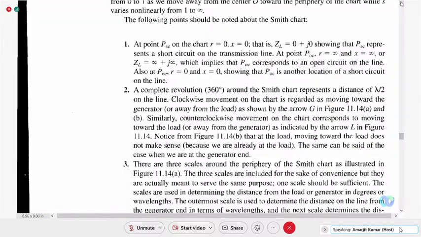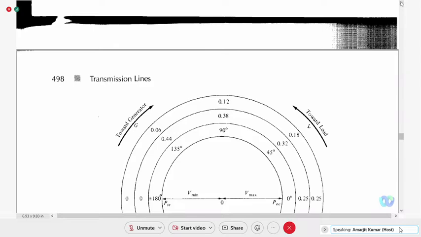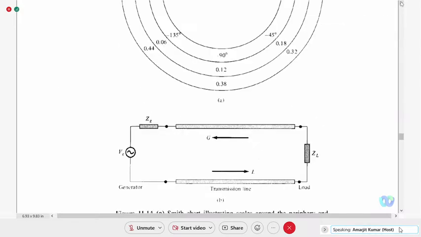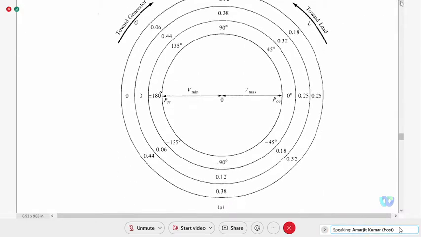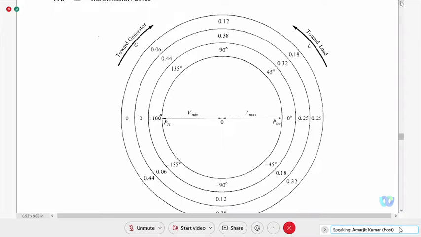Okay, so next we will solve some questions. This convention you must remember: clockwise movement on the Smith chart means we are moving toward the generator on the transmission line. And when we are moving toward the load on the transmission line, that means we have to move in the counterclockwise direction on the Smith chart.